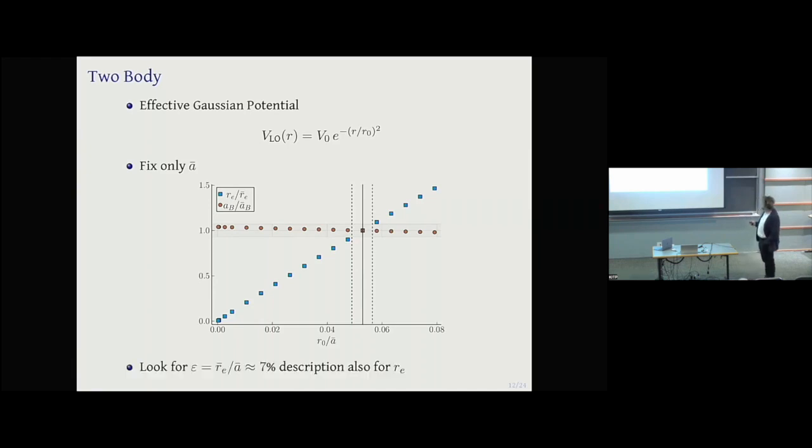But we see that in this region, there is a possibility to also reproduce the effective range to the same accuracy. And there is a special point, maybe just an accident, where you can reproduce the scattering length, the binding length, and the effective range with only one Gaussian. I call it a kind of triple point.